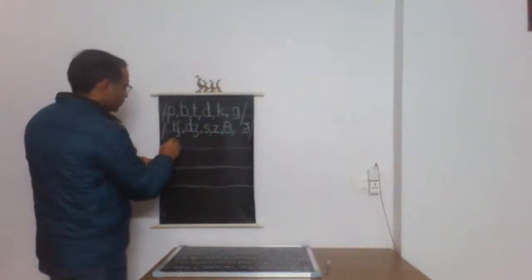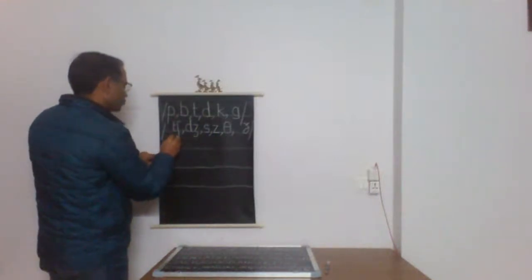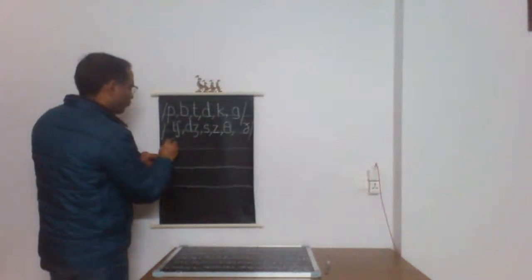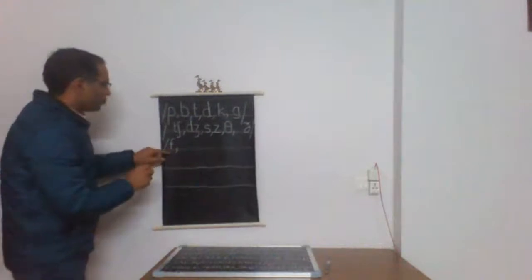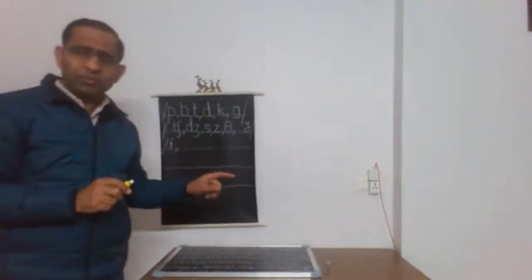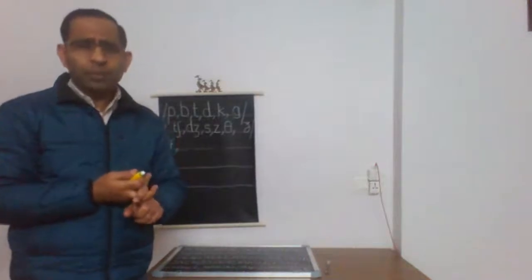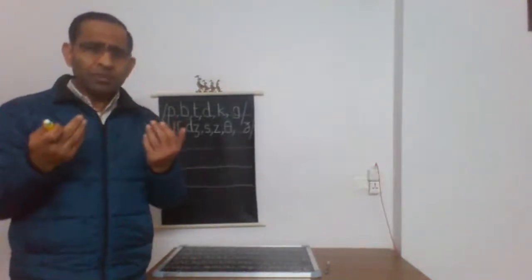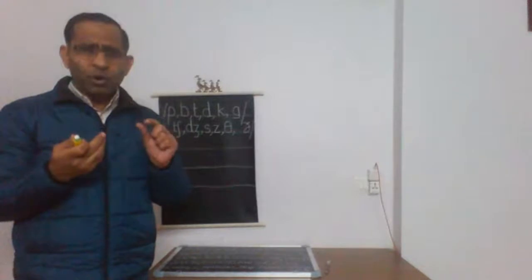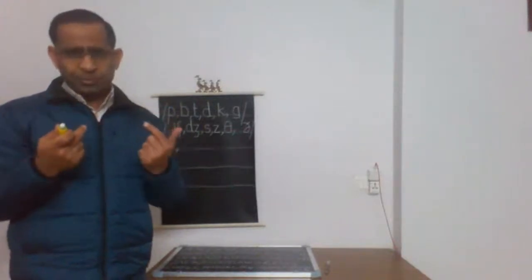Now fa. This is the symbol for English fa sound. Again, there is a difference between Hindi fa. Fa in Hindi is bilabial, which is spoken with the help of both the lips.